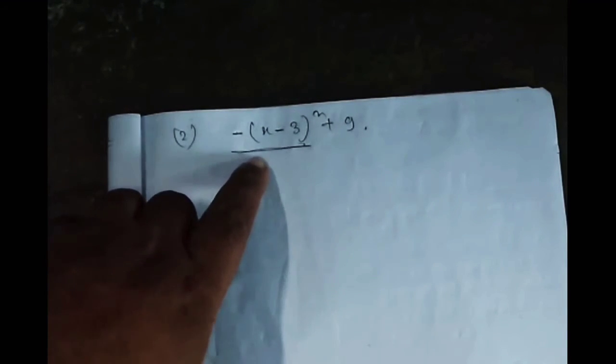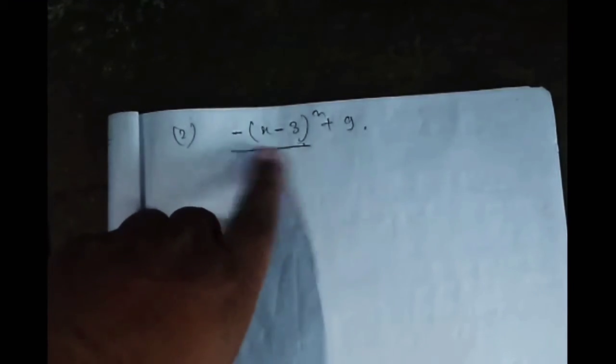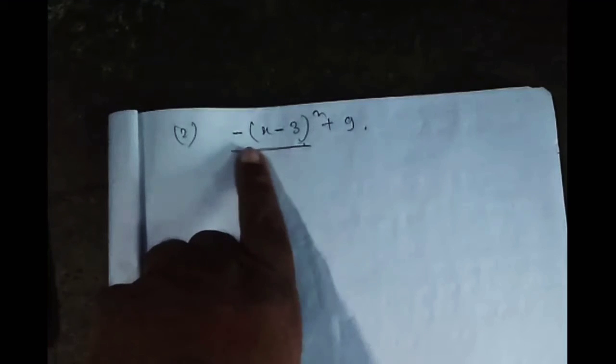So there will be no finite minimum value. The minimum value depends on the value of x. So there will be no finite minimum value of this function. So for this function we have to find the maximum value.